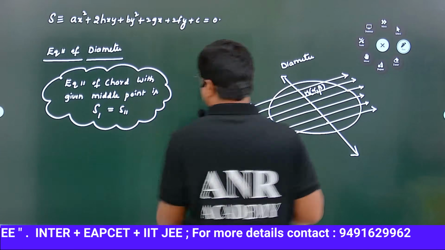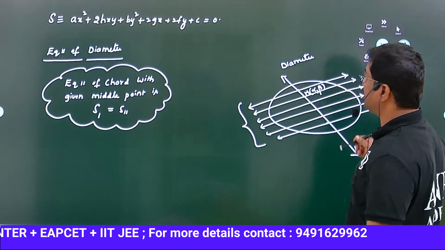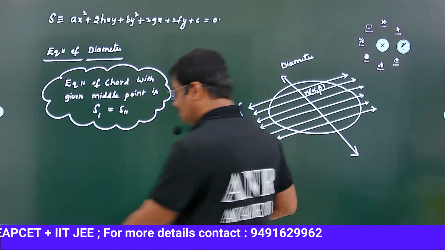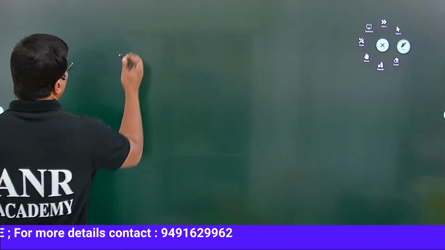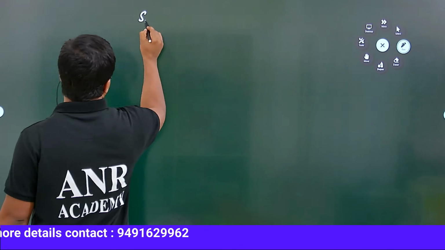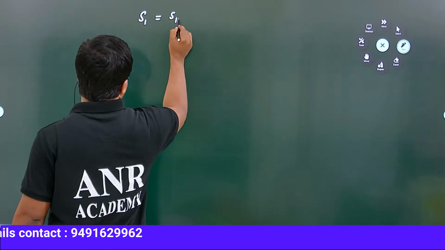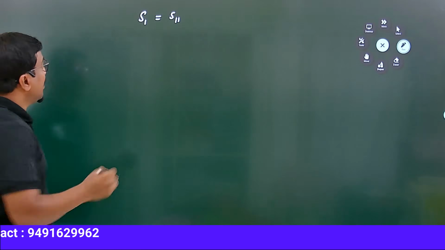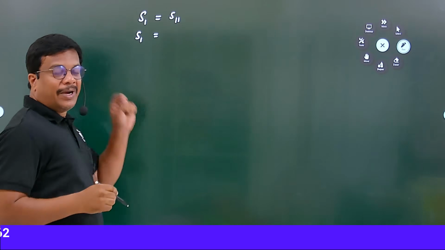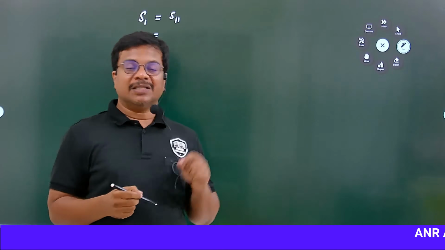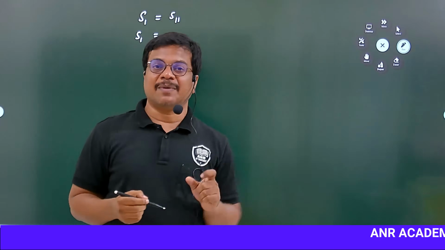You know the notation for S1 and S11: on the left hand side S1, on the right hand side you have to write S11. Clearly S11 is nothing but the point we have to substitute in the second degree equation in terms of x comma y.